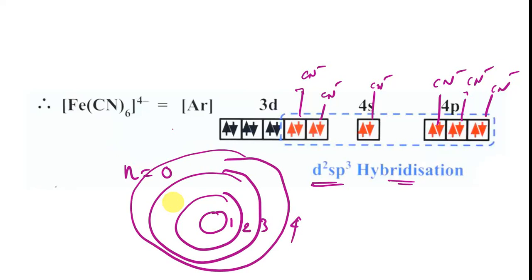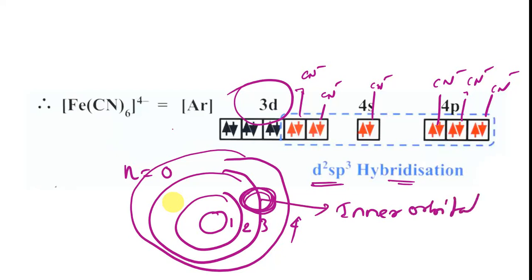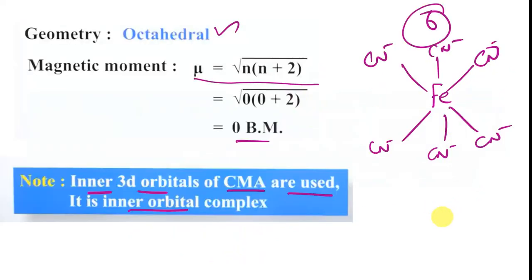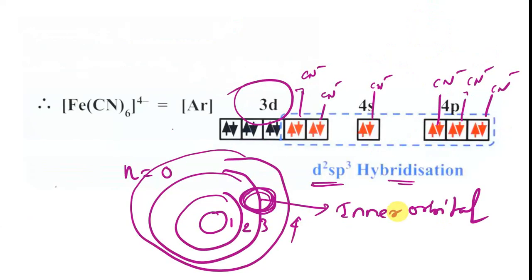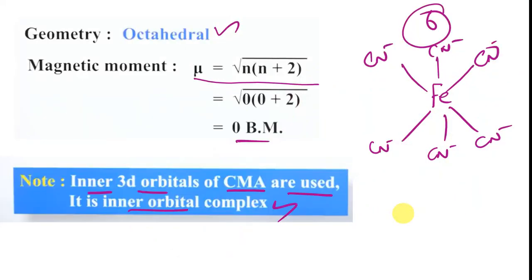So here the CN ligand is bonded in 3d itself. So it is bonded with the inner shell, the inner orbital 3d, so we call it an inner orbital complex.